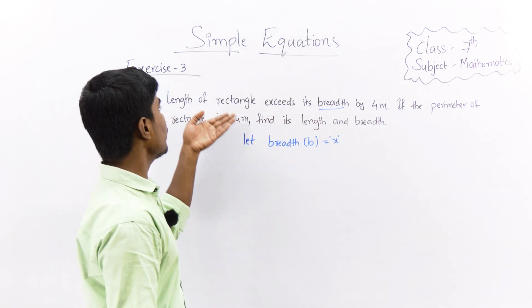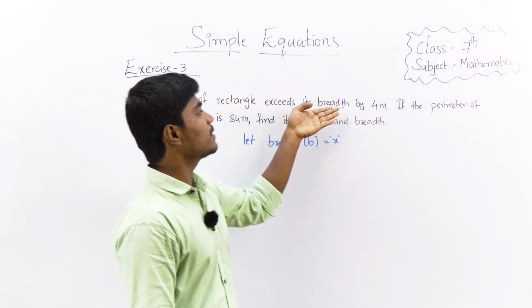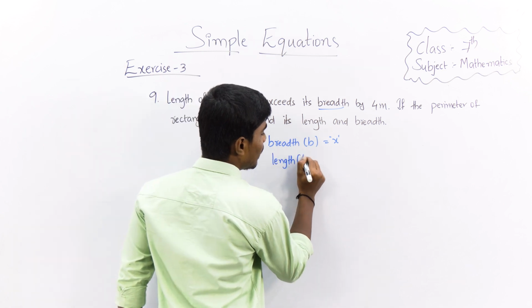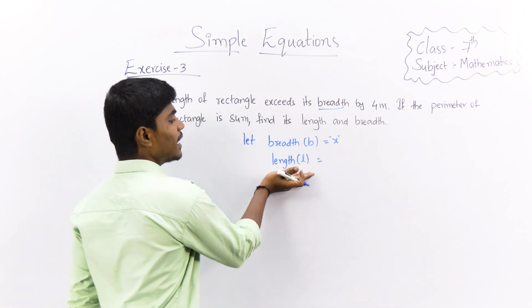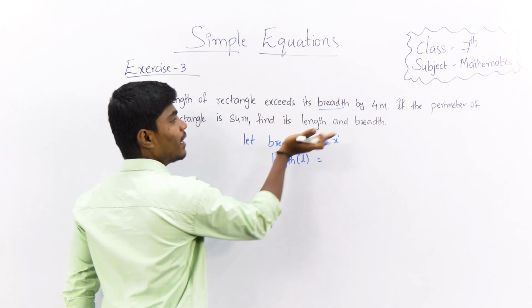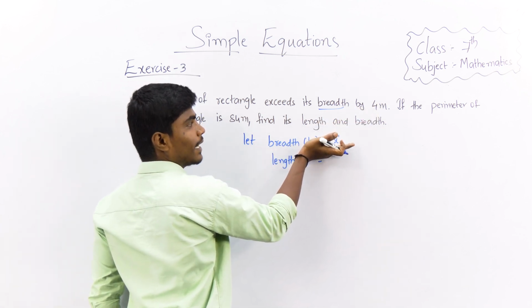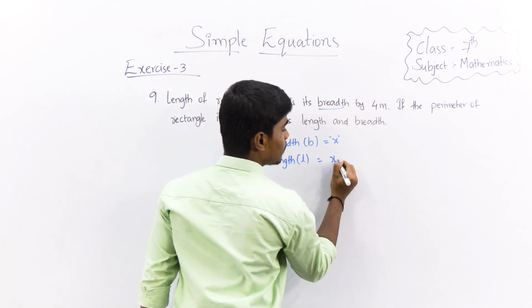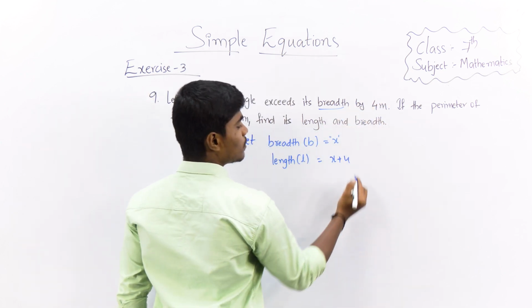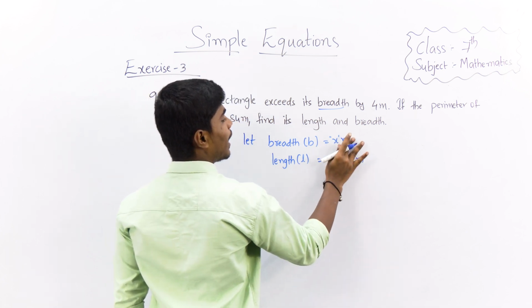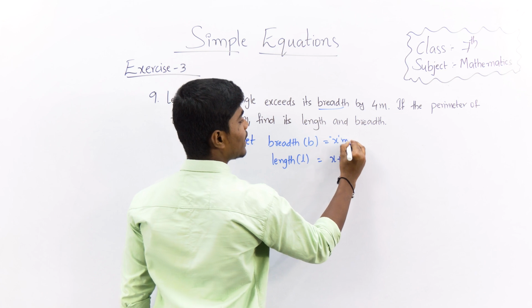Length exceeds breadth by 4, which means x plus 4. So length is x plus 4 meters and breadth is x meters.